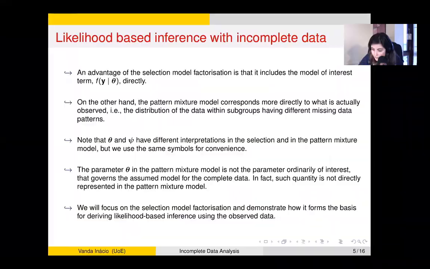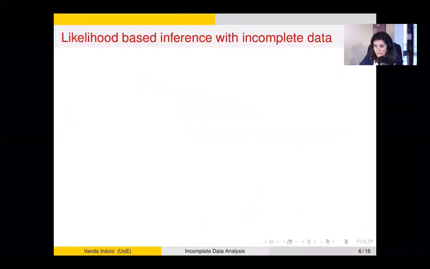Okay, and let us start. I will start with the joint model for the full data, and we see that under some conditions or assumptions, we in fact can perform maximum likelihood estimation using only the observed data.